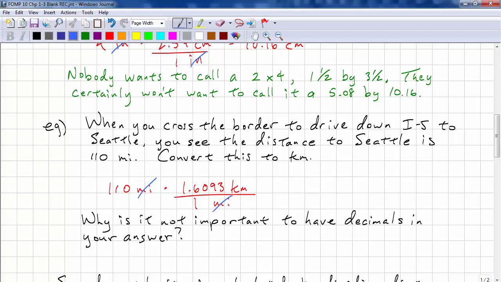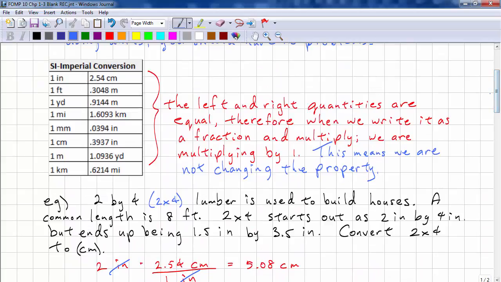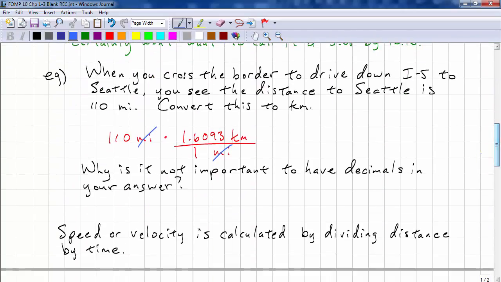Cancel, and just to refresh, we're using this measurement here. You can also use this one if you like. It's not going to change the answer. And multiplying this out, we get approximately 177 kilometers.